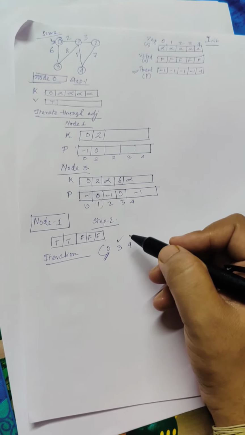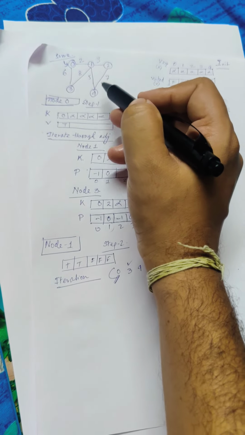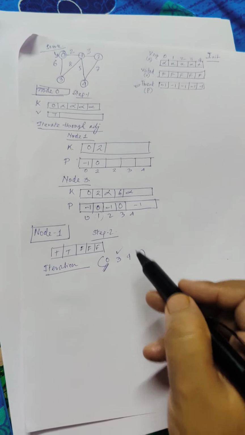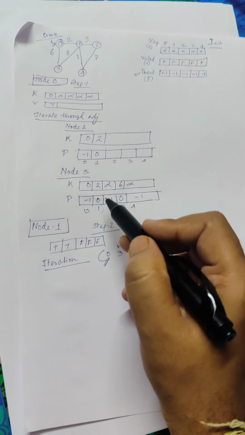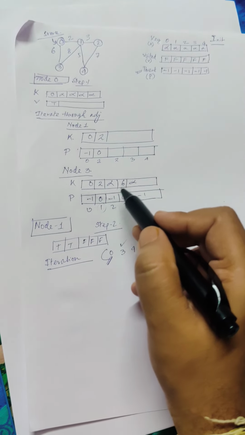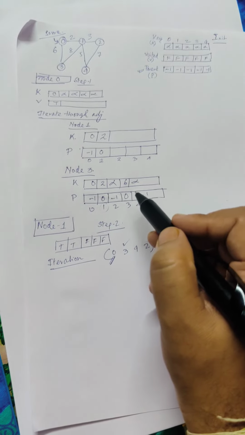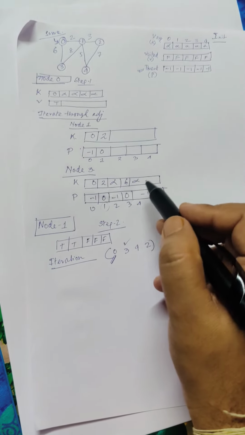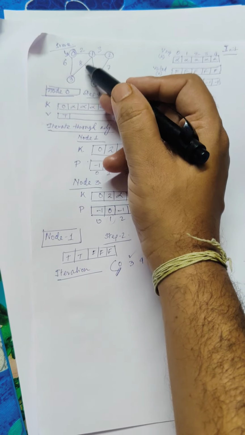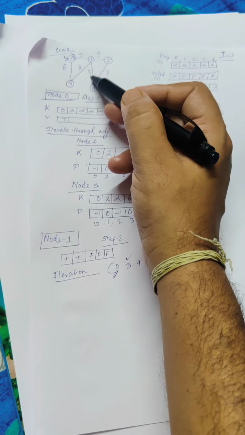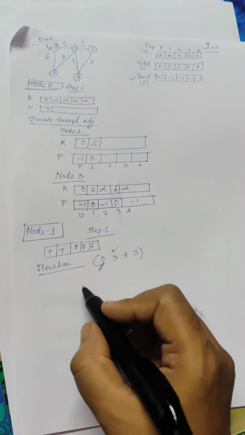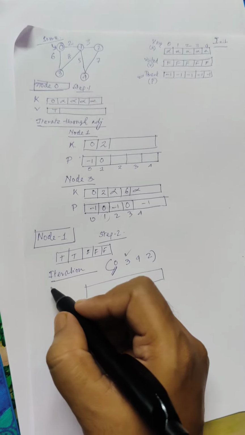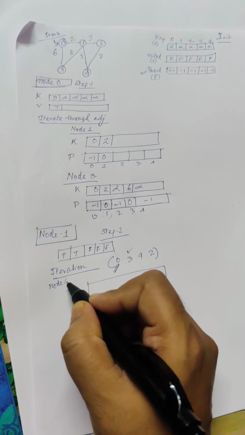Now let's consider 4. In case of 1 to 4, the synaptic weight or cost is basically 5. So now we come to the latest key array and check the synaptic weight of 4. The synaptic weight of 4 is infinity, and here the cost is 5. So let's change the key array, and that change is happening for node 4.